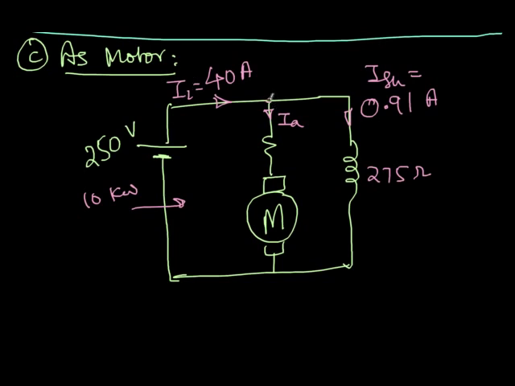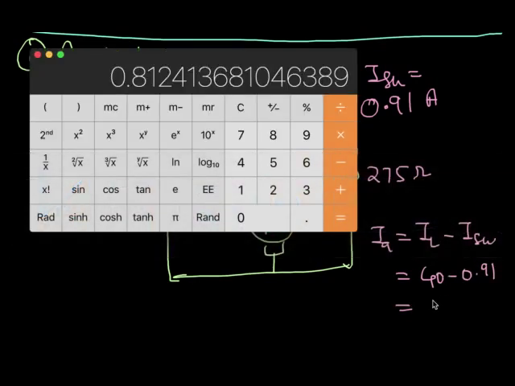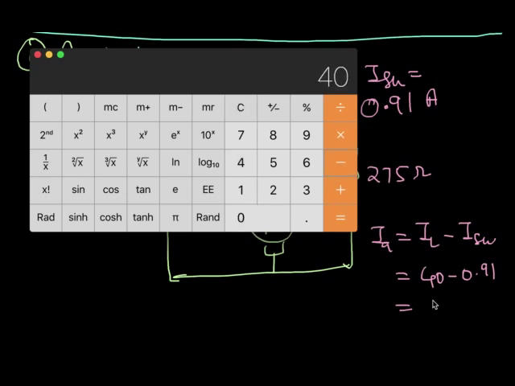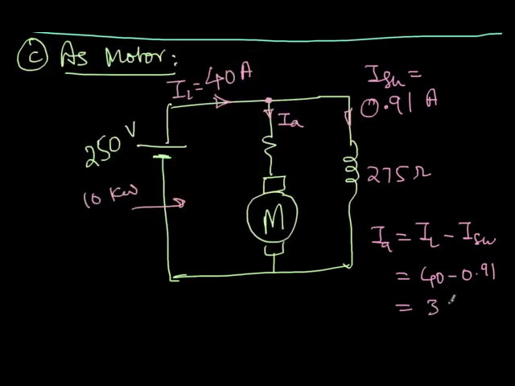So therefore the IA will be what? Applying Kirchhoff's current law at this point, IA will be IL minus ISH because this is a motor. So 40 minus 0.91 is 39.09, or let's call it 39.1. So this is 39.1 and this is 0.8.